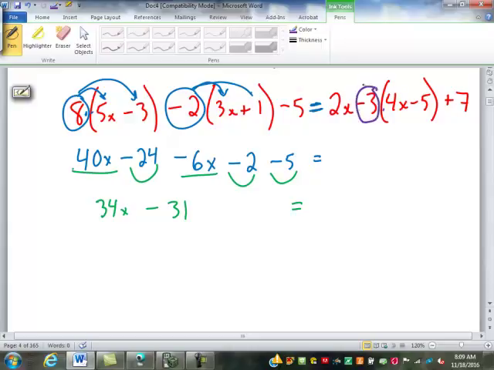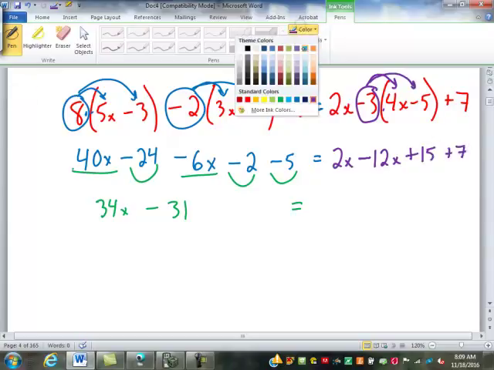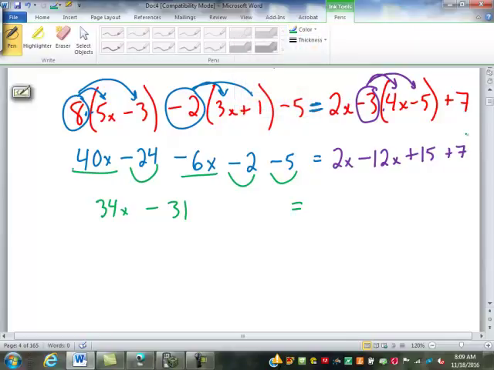It's times negative 3. So I'm going to put in my 2x up here first. Negative 3 times 4x, negative 12x. Negative 3 times negative 5 is a positive 15, plus 7. What's next? 2x and negative 12x makes negative 10x. 15 and 7 make positive 22.